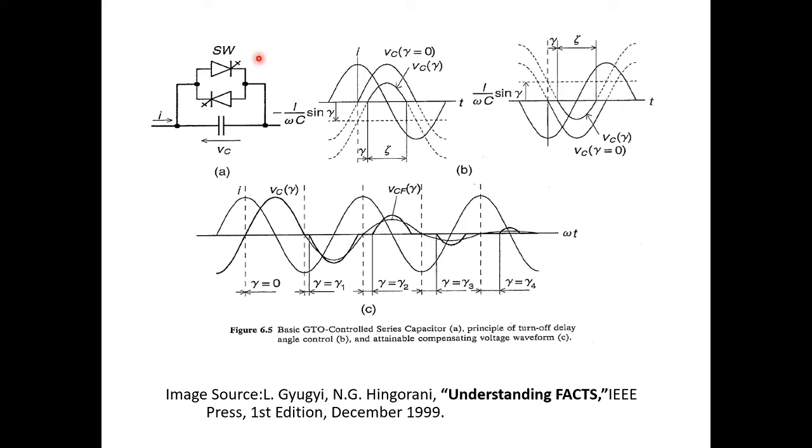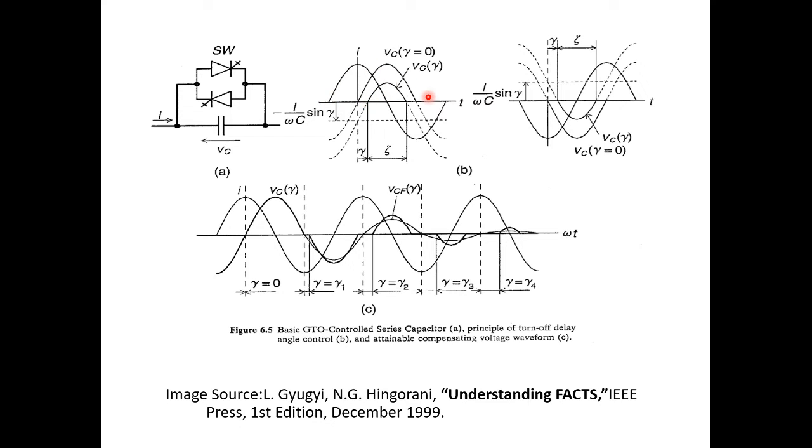If you observe this, there are back to back GTOs in parallel with the capacitor. This one is the series capacitor. Back to back GTOs, with a cross mark. Don't forget that cross mark. If the GTO is in on position, the entire current can travel across it and the voltage becomes 0. Observe this: for a capacitor, current leads voltage, CIV.